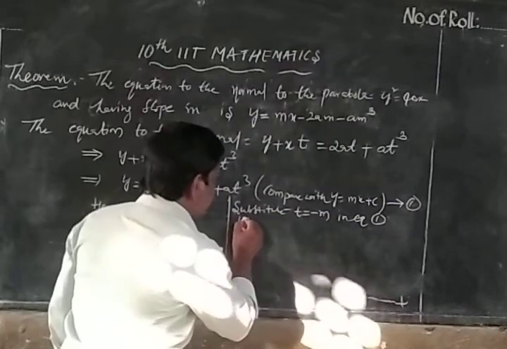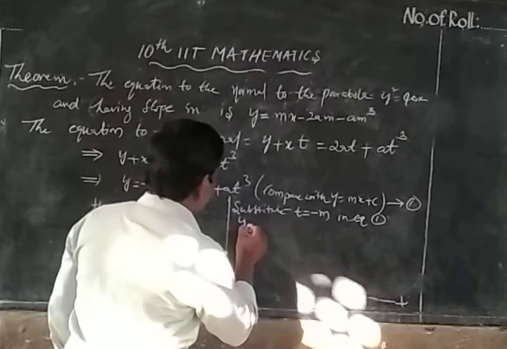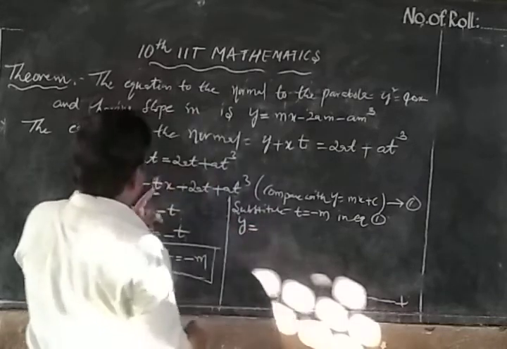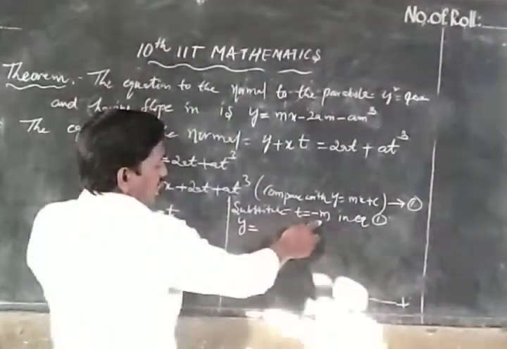So y = in the place of t, which one we have to substitute? Minus m.